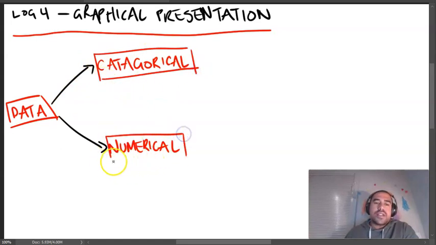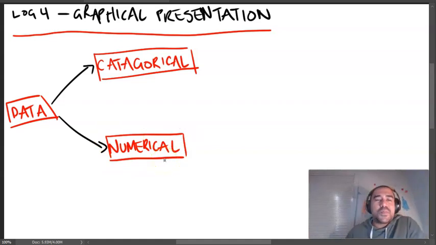Categorical data can be a tongue twister sometimes. All categorical data means is, say for instance, we did a survey and I was to go around and ask a question: what is your favorite color? What is your favorite AFL team? What type of music do you listen to?